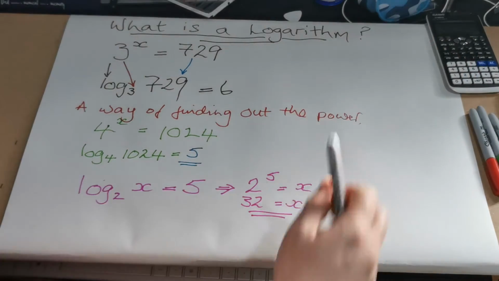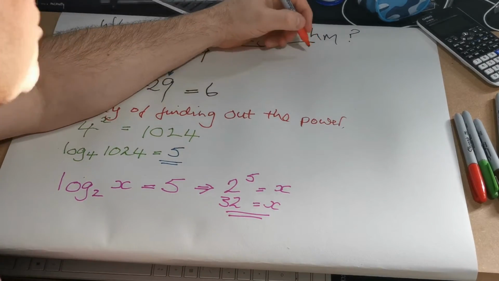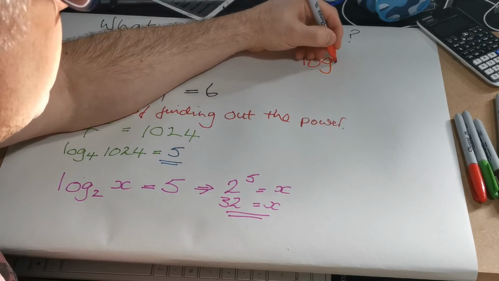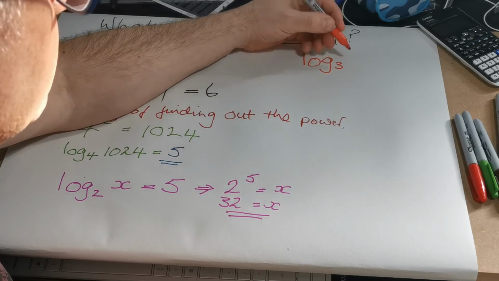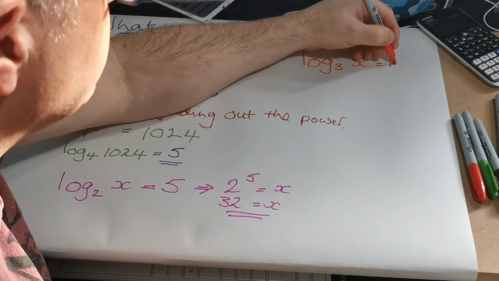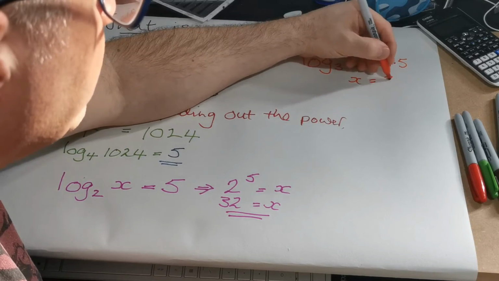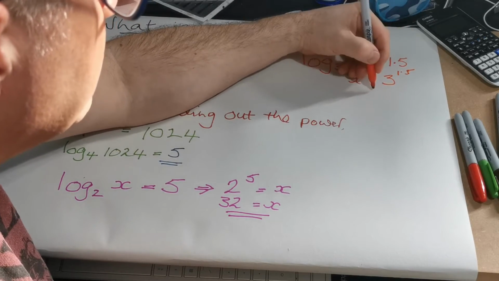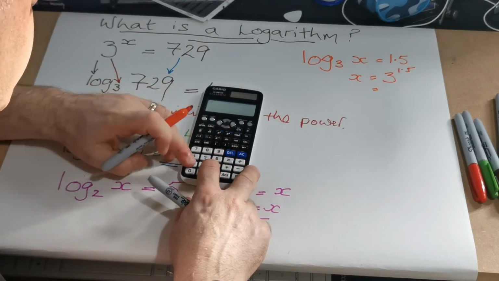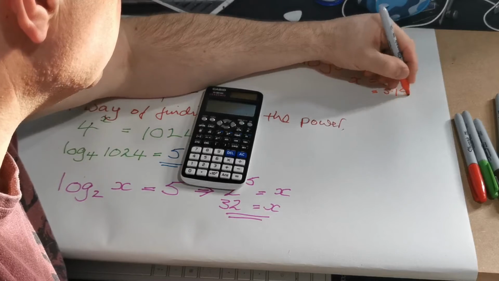Okay, so let's just think of another example like that. And sometimes it doesn't need to come out as a whole number. So log to the base 3 of x is equal to 1.5, then x is equal to 3 to the power of 1.5, which equals nothing nice, I'm sure. 3 to the power of 1.5 equals 5.196.